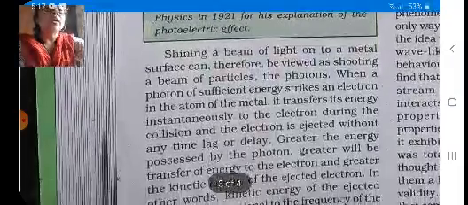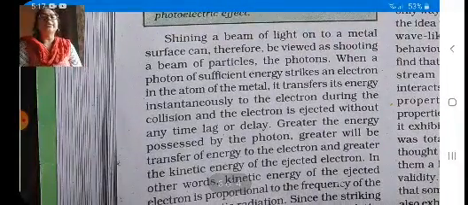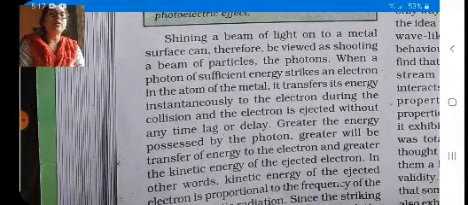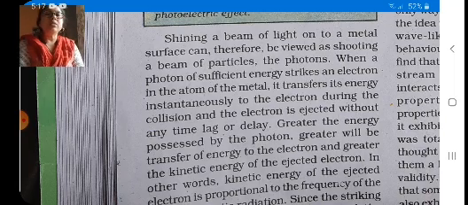According to Albert Einstein, shining a beam of light onto a metal surface can therefore be viewed as shooting a beam of particles, the photons. The smallest unit of light is known as a photon.